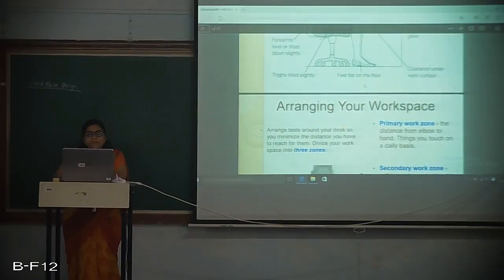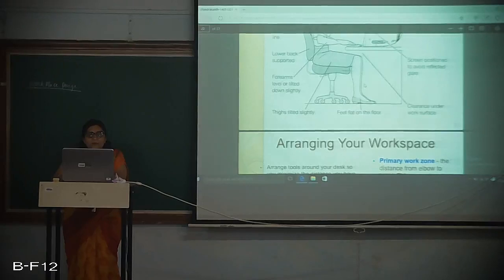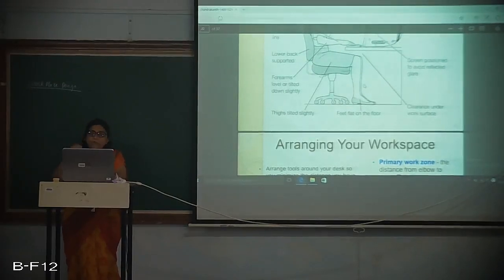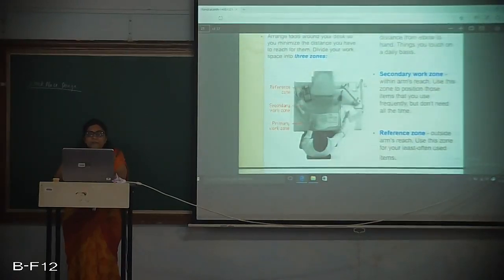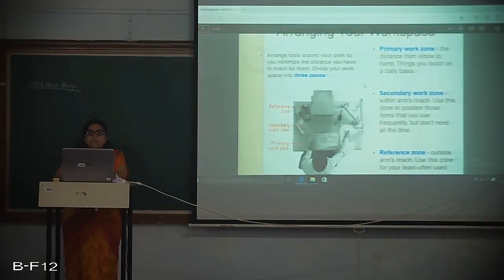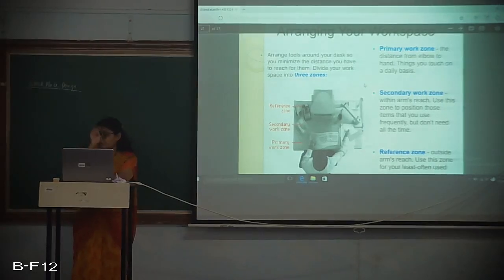Thighs, you can see here, tilted slightly, feet flat on the floor, then clearance under the work surface. Then this is arranging the workplace, which I have just explained.